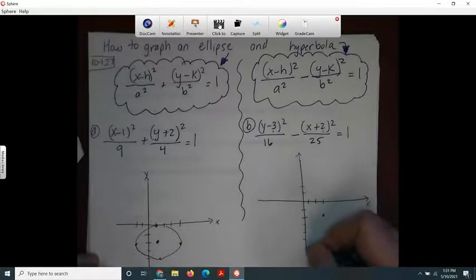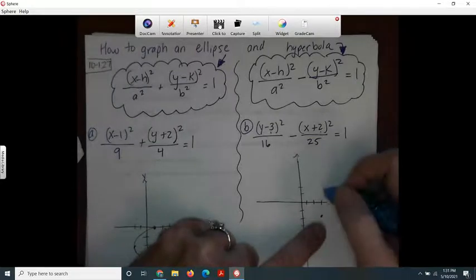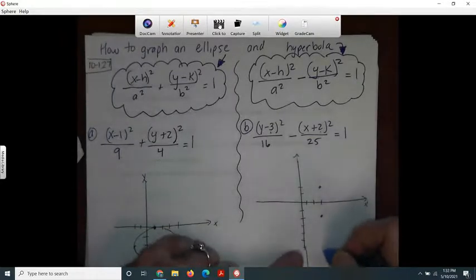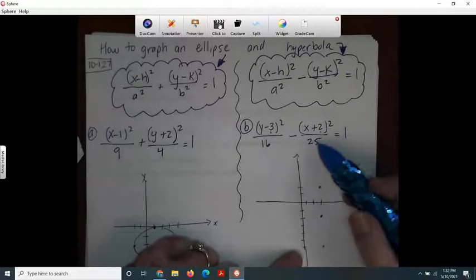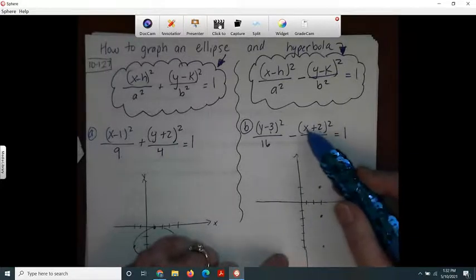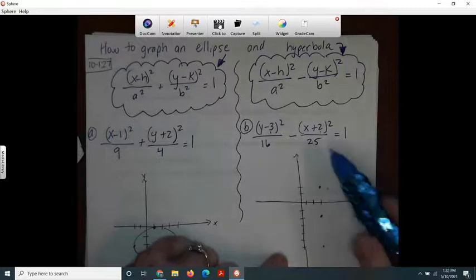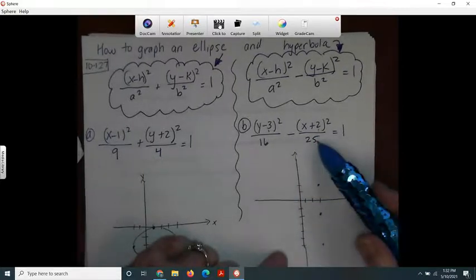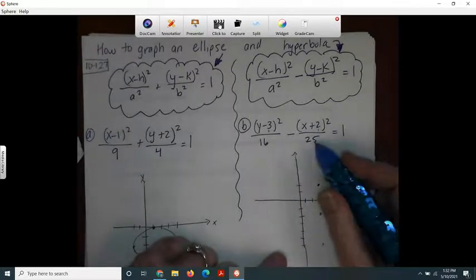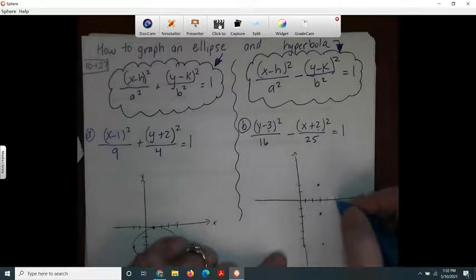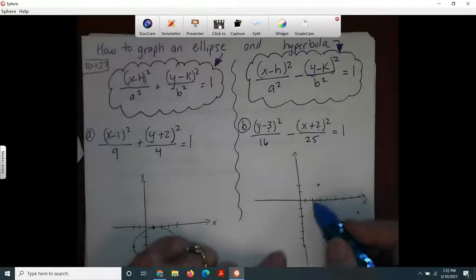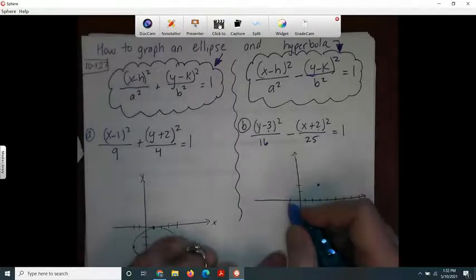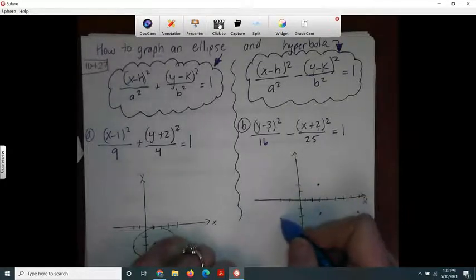And I'm going to make a rectangle. Since the 25 is underneath the x, in the x direction I'm going to go right and left by 5, because that's the square root of 25. And I'll just count 1, 2, 3, 4, 5. And I'm going to sketch a rectangle.